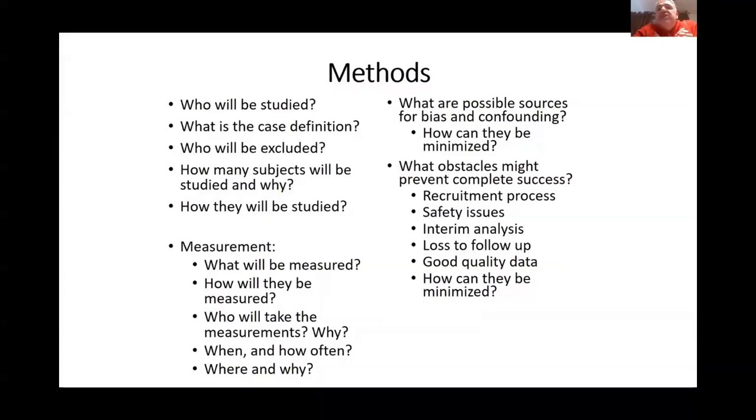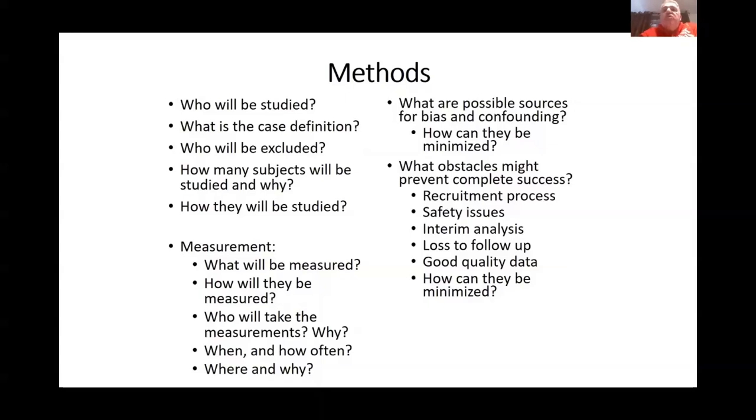So also in your proposal, you have to state what obstacles might prevent complete success. You have to talk about the recruitment process, safety issues, interim analysis, loss to follow up if it's a prospective study or interventional study, good quality data, and how they can be minimized.